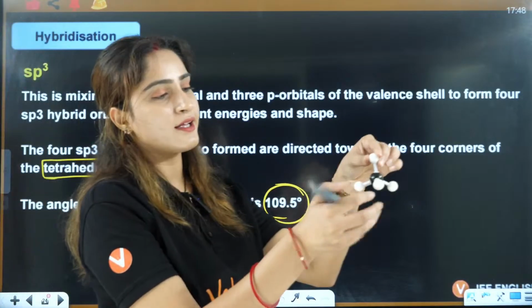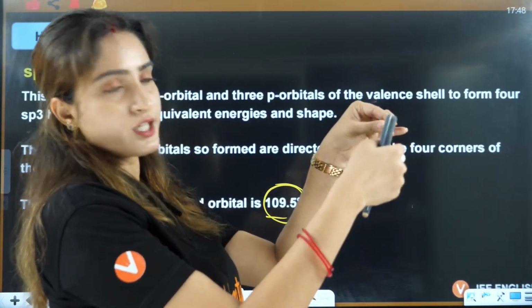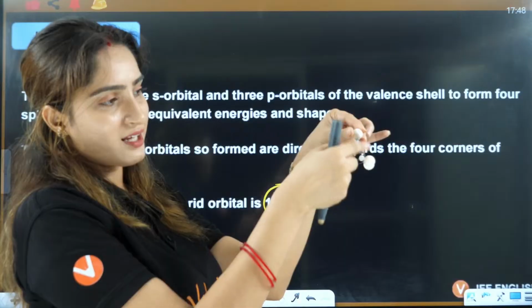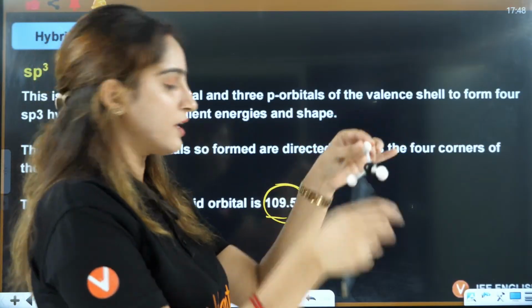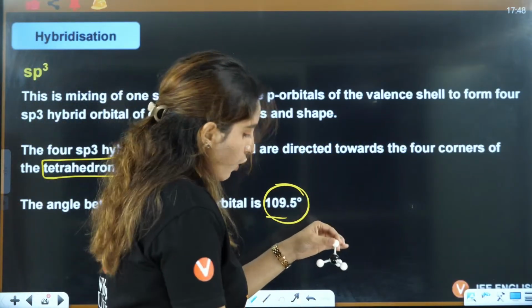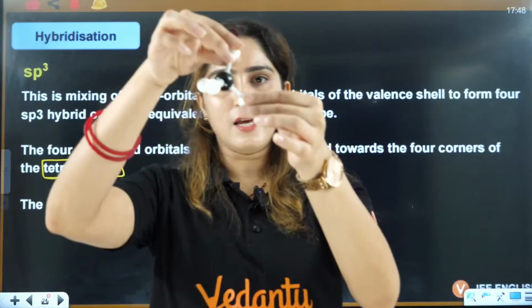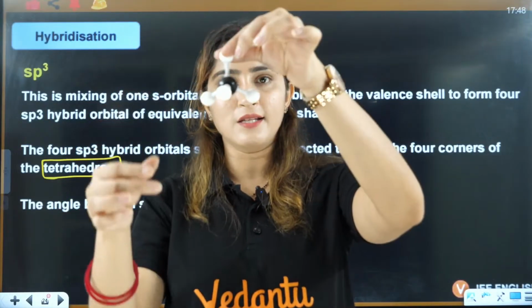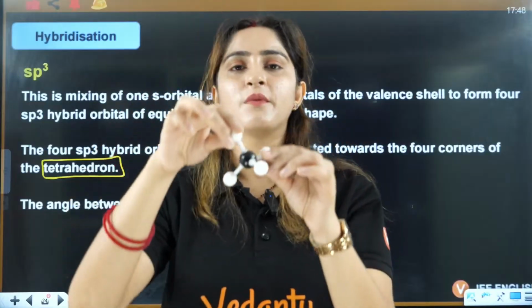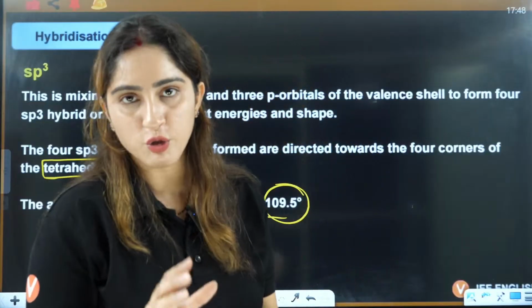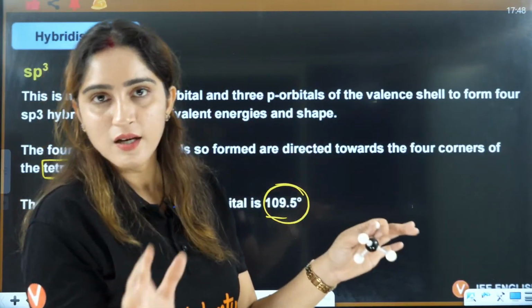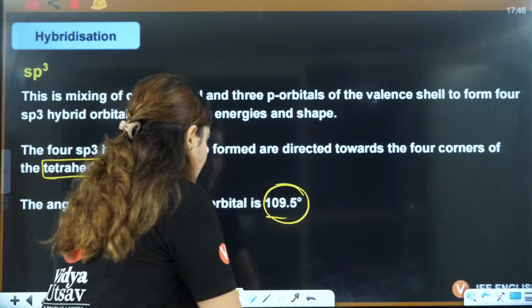That means this angle here is 109, this angle here is 109, this angle here is 109. And you will see all the angles are the same. If I place it here, it is the same. If I place it like this, it is the same. So it is always going to be the same.